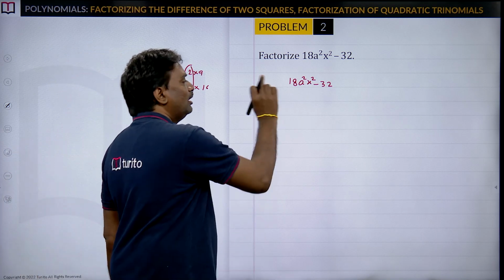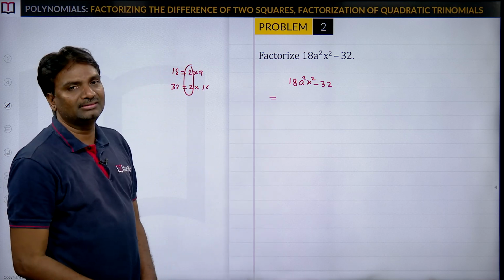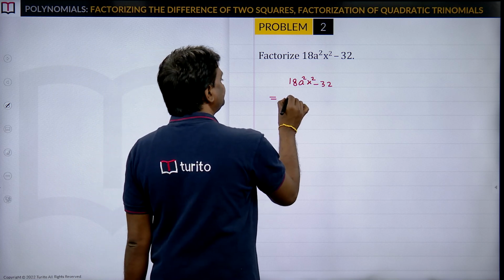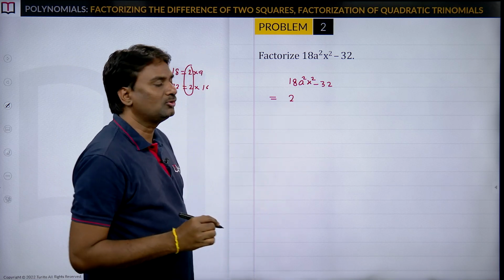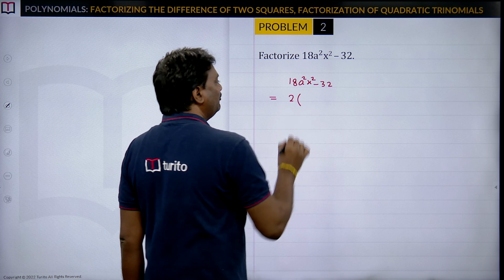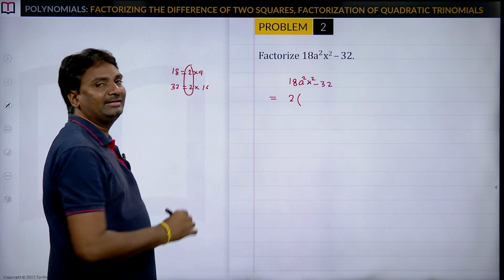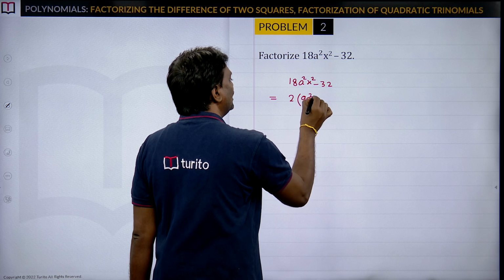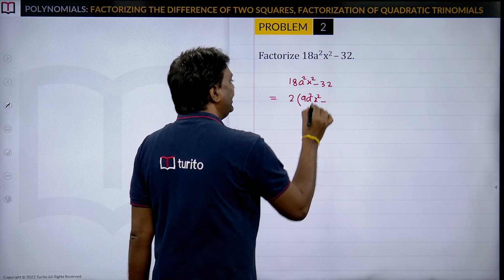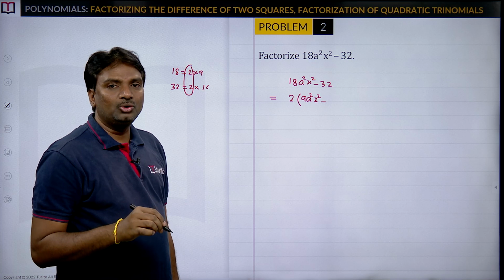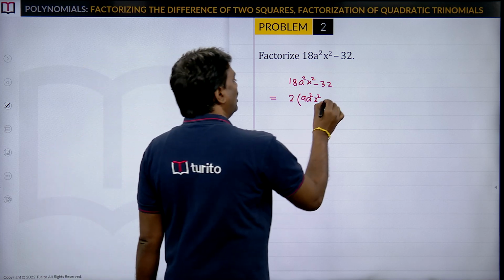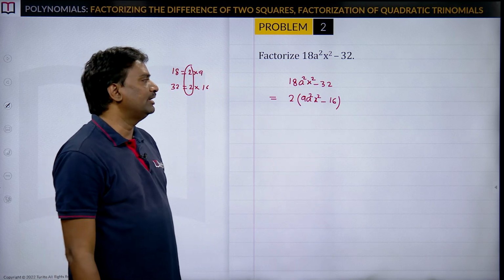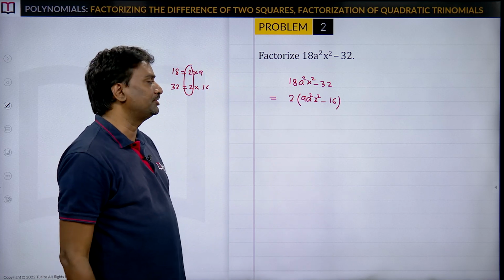So, that is why from 18 a square x square minus 32, by taking 2 as common, from 18 we have taken 2 as common, the remaining part is 9. So, 9 a square x square minus, from 32 we have taken 2 as common, so that is 16. So, 2 of 9 a square x square minus 16.